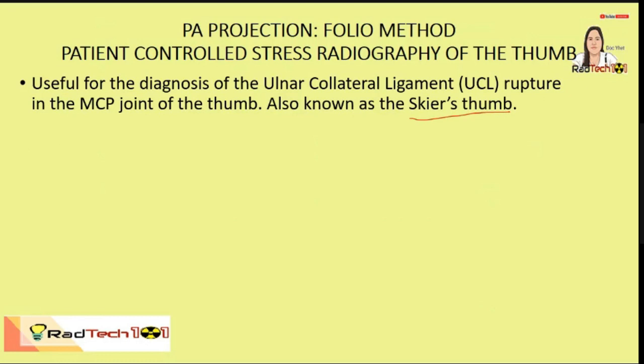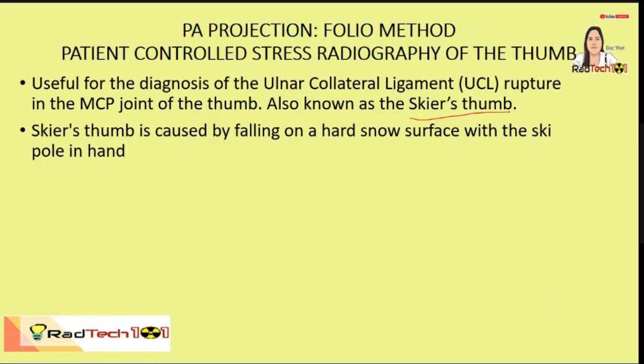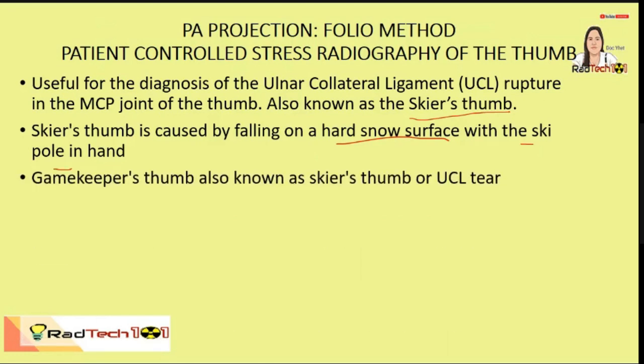Yung mga nagsiski. Wala namang ski dito sa atin kasi walang snow. Skier's thumb is caused by falling on a hard snow surface with a ski pole in hand. May picture ako dyan later.